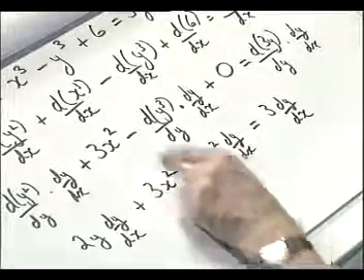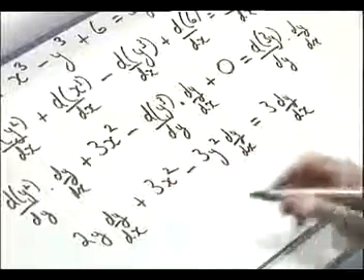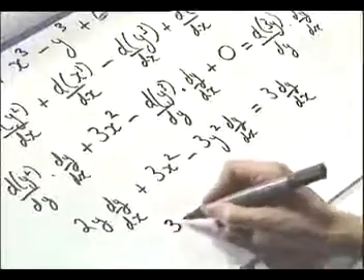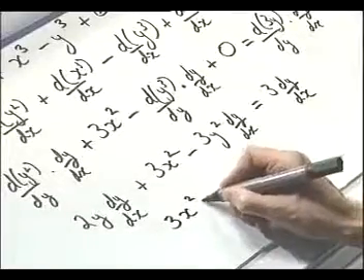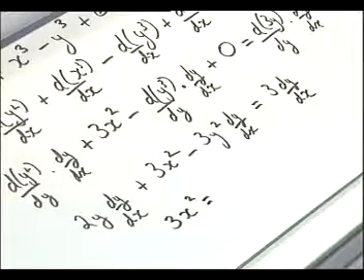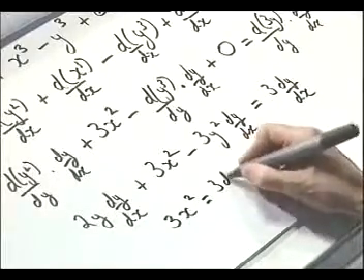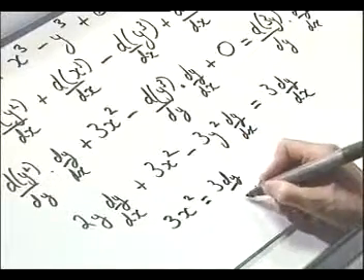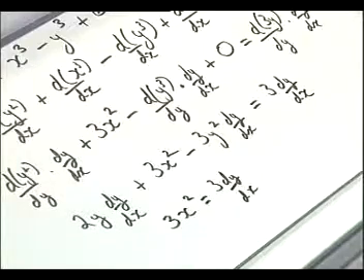So I can keep that 3x squared there on its own. So I'll have 3x squared equals, now here on this side I've got 3 dy by dx.